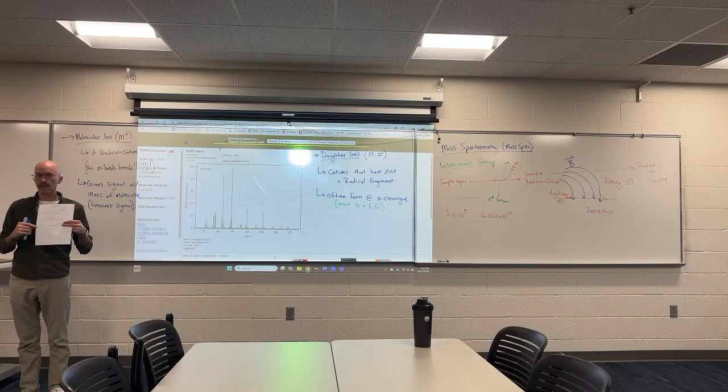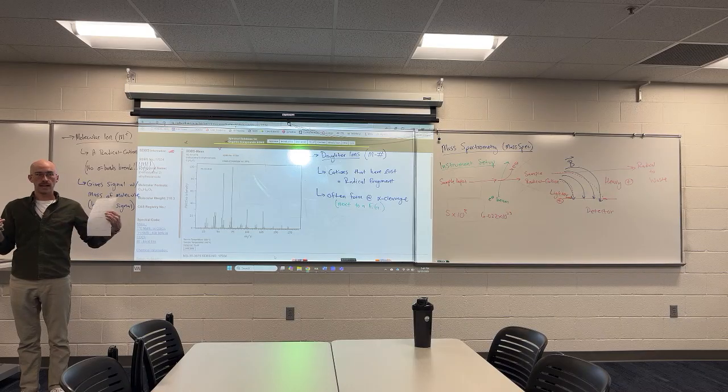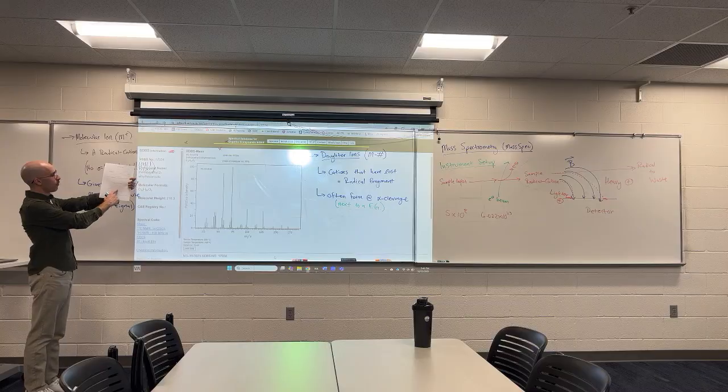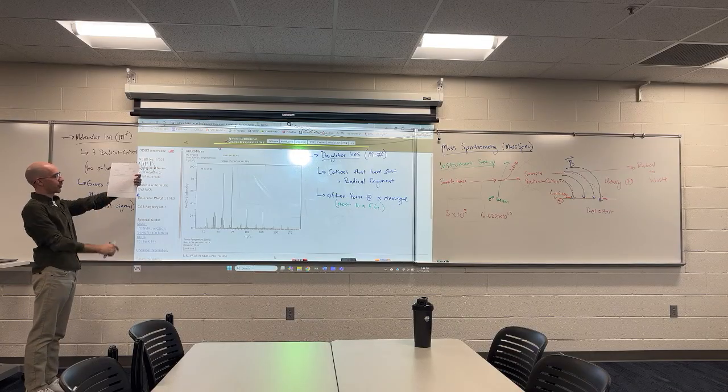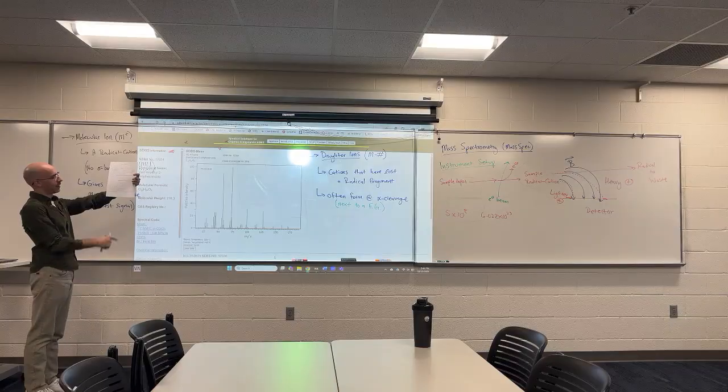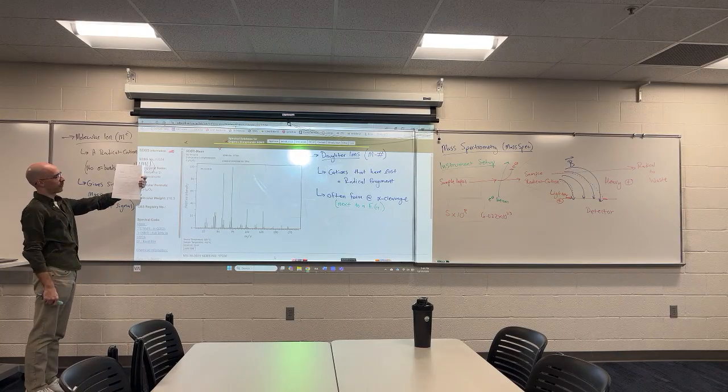And then you'll notice that there are two very different fragments that have the exact same mass. At mass 43, you've got the ethyl carbonyl cation or propyl cation. At 57, a propyl carbonyl cation or a tert butyl cation.